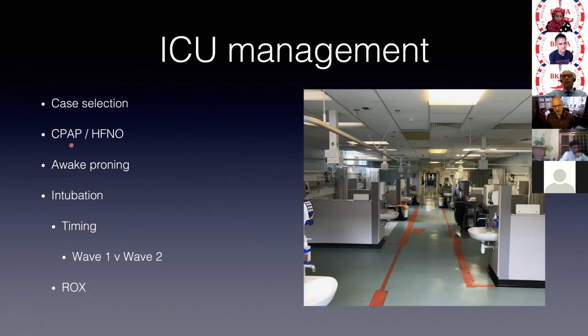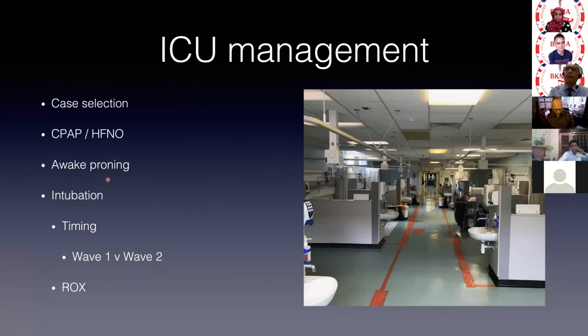We're now much better. We critically assess our patients using ROX scoring, and also there are very few patients we will allow to stay on CPAP beyond 72 hours unless they're definitely improving. And I think we're now in a much better place in terms of our timing for intubation.